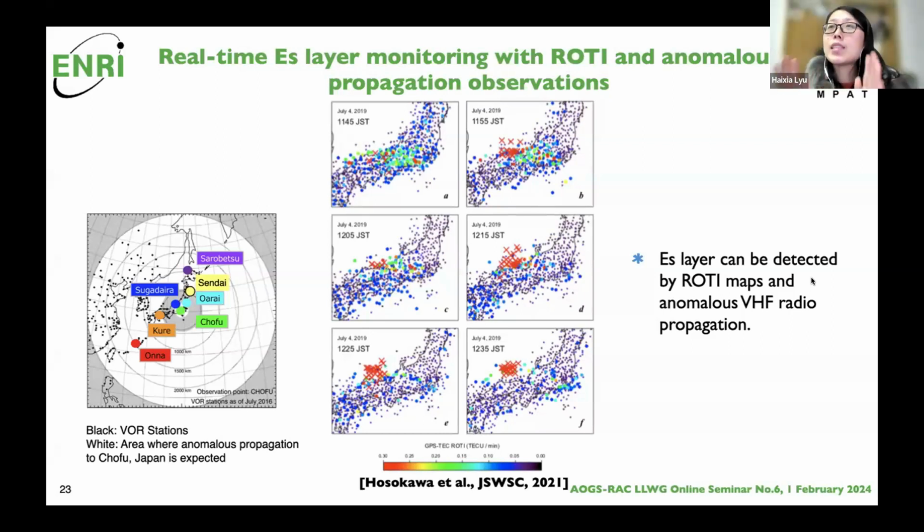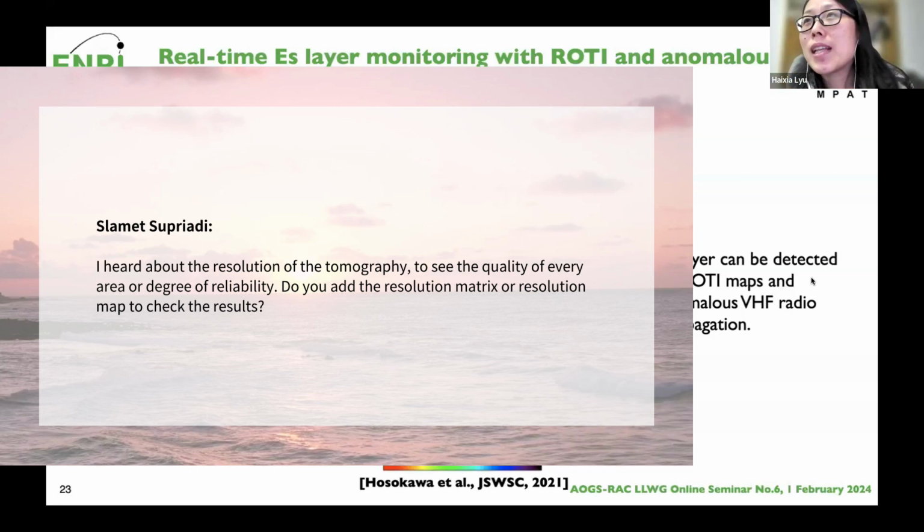Okay, the last question. Sorry, because we have limited time. The last question from Slamet is about the resolution of the tomography. Do you check the quality at every grid or degree of view, using a resolution matrix or resolution map to check the result?